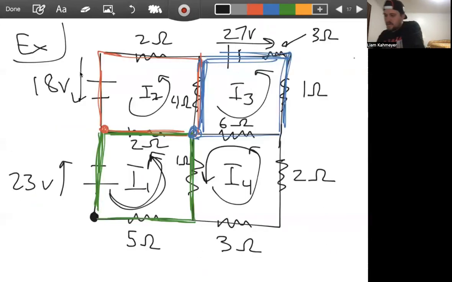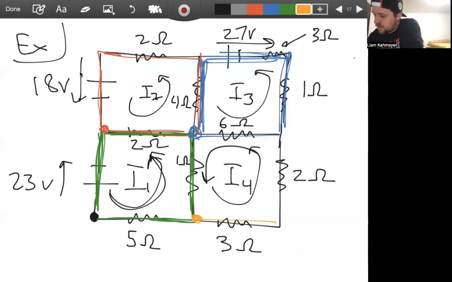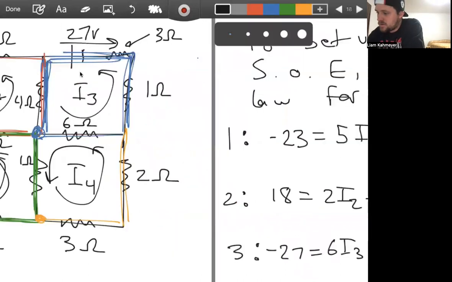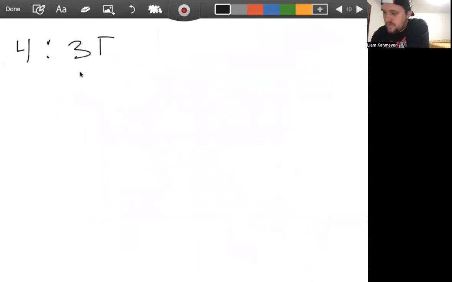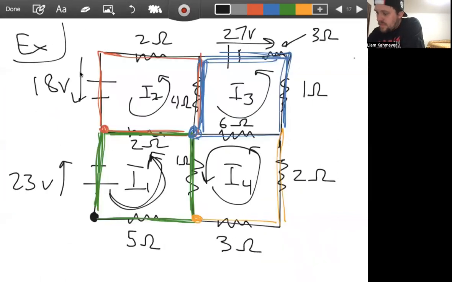For the last circuit, and again, maybe I'll start here. We're going to have 3I4 plus 2I4. And then for the third side, we're going to have plus 6I4 minus 6I3.